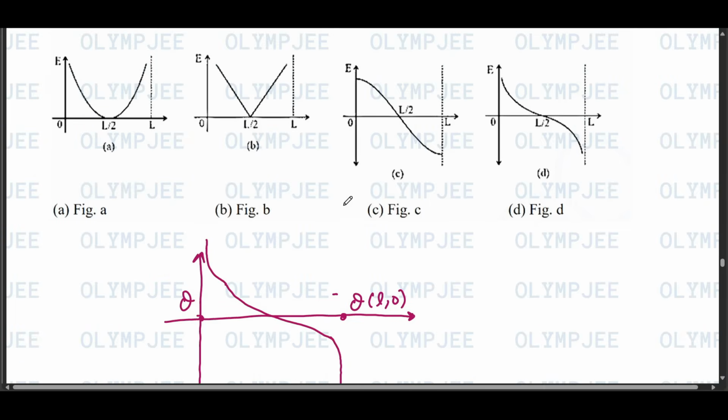So the answer is option D. C is not correct because this has finite magnitude, and this is not correct because it should be negative here. This is not correct because the field varies as 1 by r square, which is not the equation of a straight line, so B cannot be the answer.